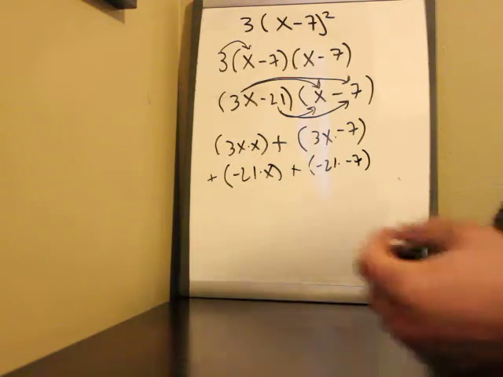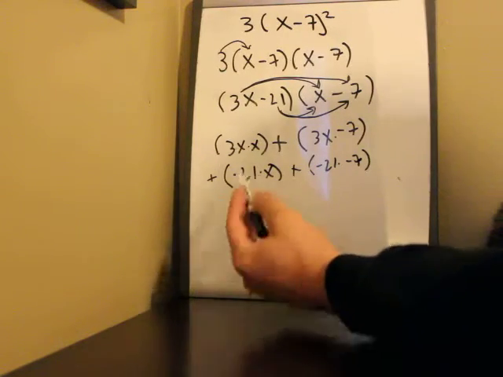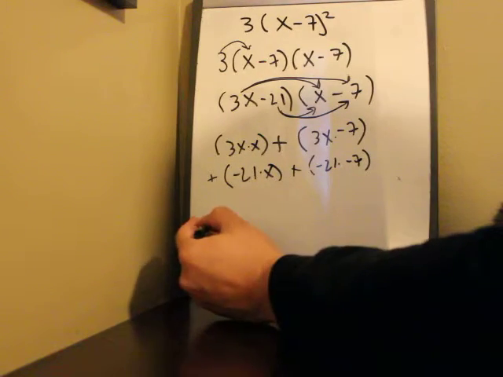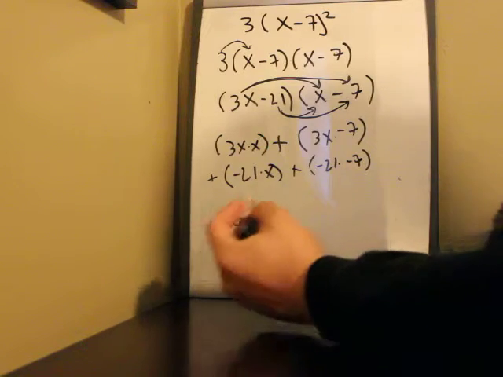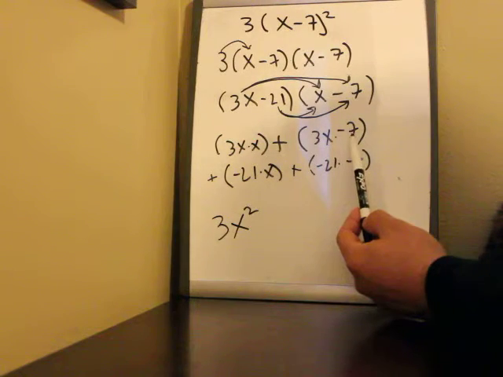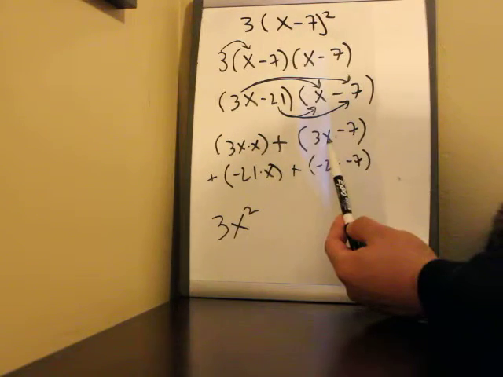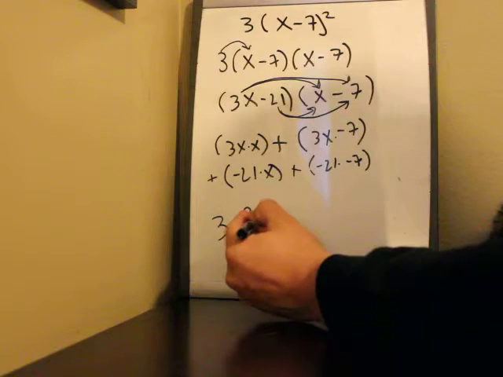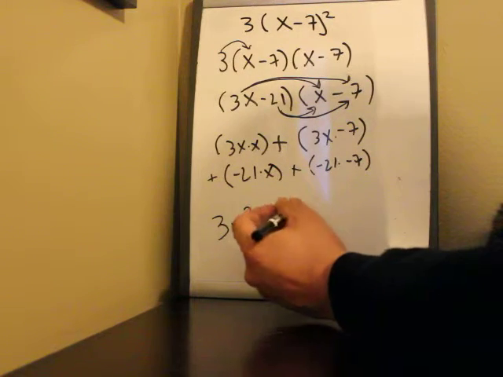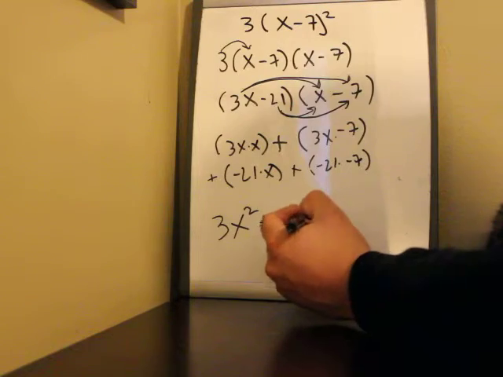Okay. Here we have 3 times x squared. 3 times x, that's just going to be 3x squared. Here we have 3 times negative 7 is negative 21, but it's also multiplying by x. So we're going to get plus negative 21x, sorry, it should be 21x, not 27.